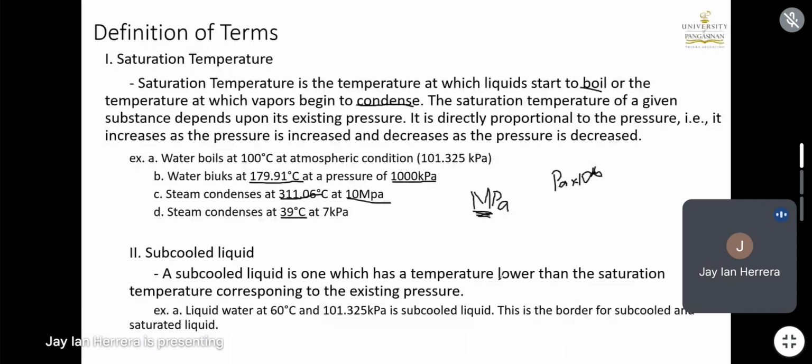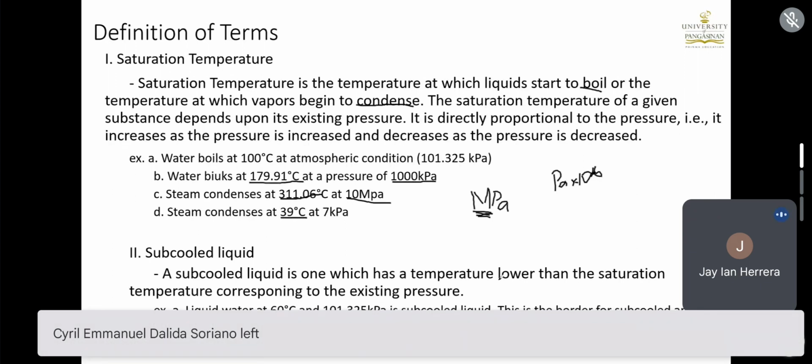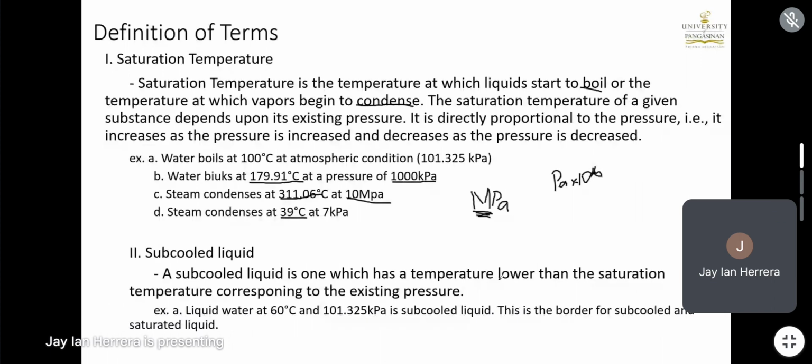So next, for the definition of terms, is subcooled liquid. A subcooled liquid is one which has a temperature lower than the saturation temperature corresponding to the existing pressure. So for example, liquid water at 60 degrees Celsius and 101.325 kPa is still subcooled liquid. Since we are given liquid water, it hasn't started to boil.